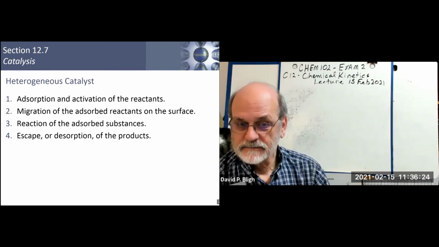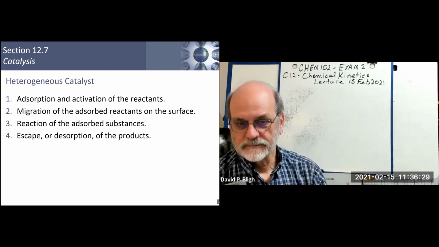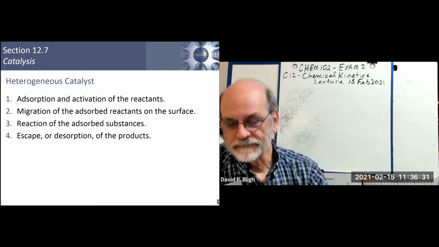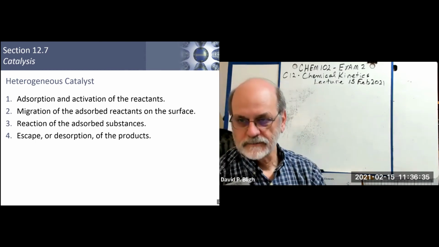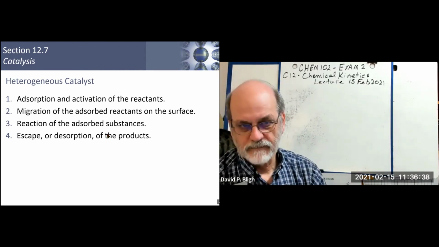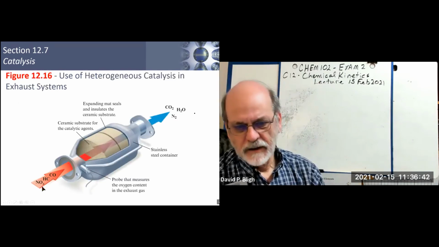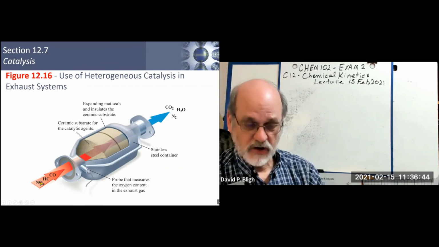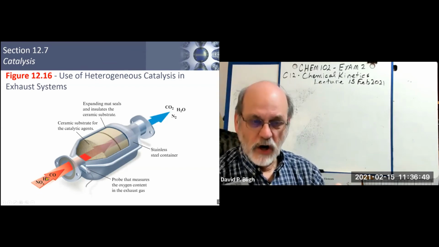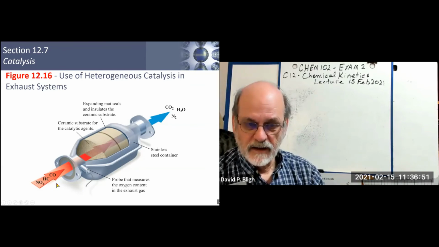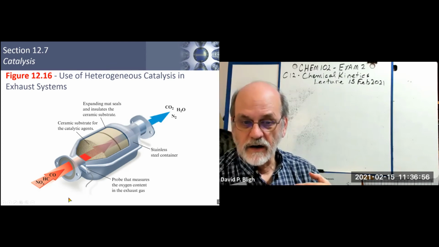Then they react, and then the products desorb as they're released, and they travel on. The catalyst is unchanged in this process, by definition, of course. So that's what it looks like. You have oxides of nitrogen that are produced in your engine. You have unburned hydrocarbons here, and you have carbon monoxide, which is an incomplete combustion product of any hydrocarbon.